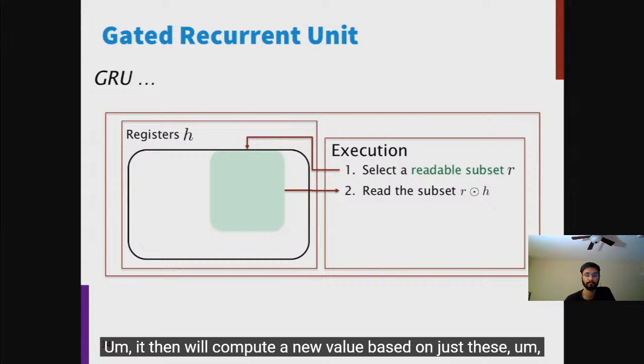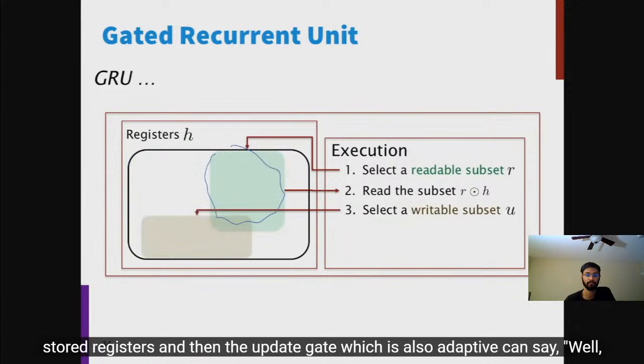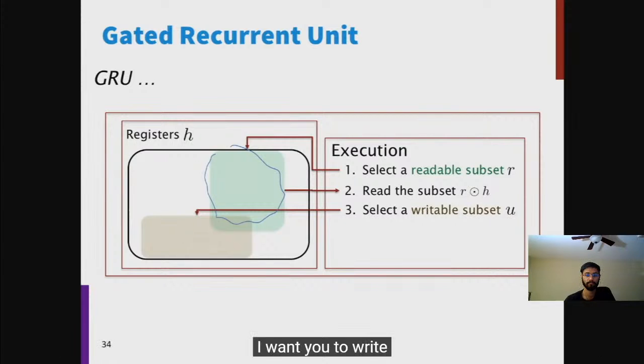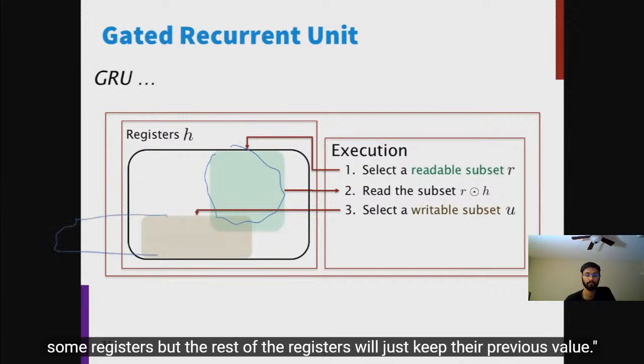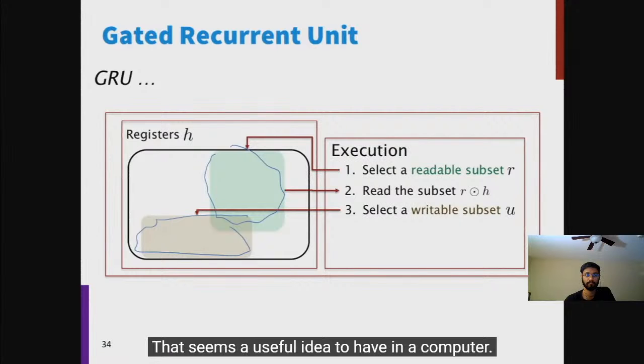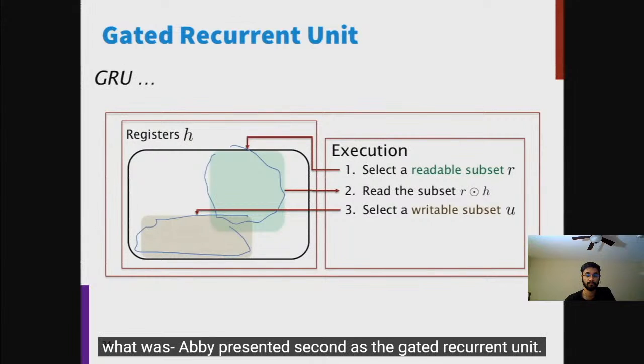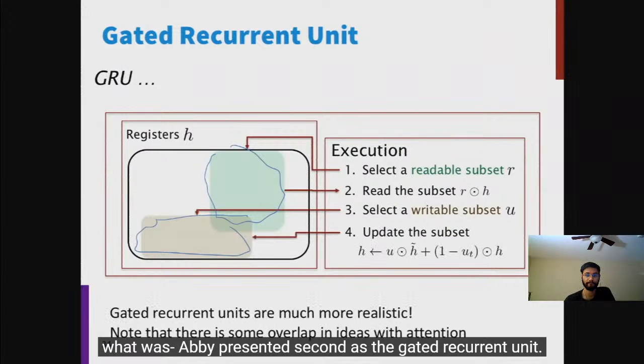It then computes a new value based on just these stored registers, and then the update gate, which is also adaptive, can say, I want you to write some registers, but the rest of the registers will just keep their previous value. That seems a useful idea to have in a computer, and so that's what we're doing here. And so this model here is what Abby presented second as the gated recurrent unit.